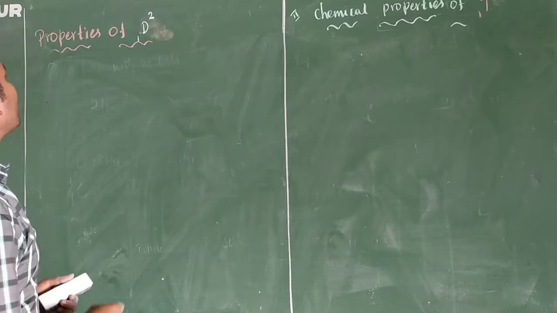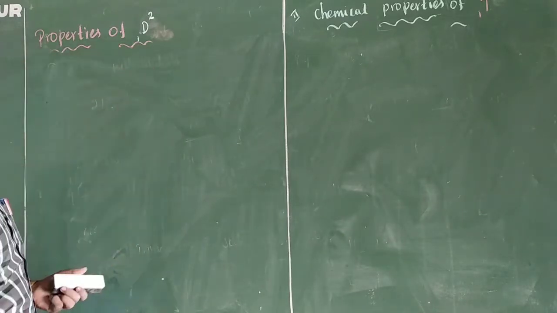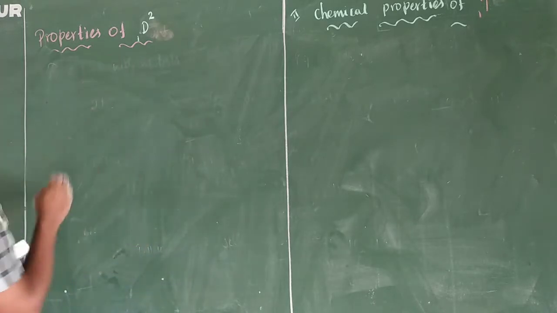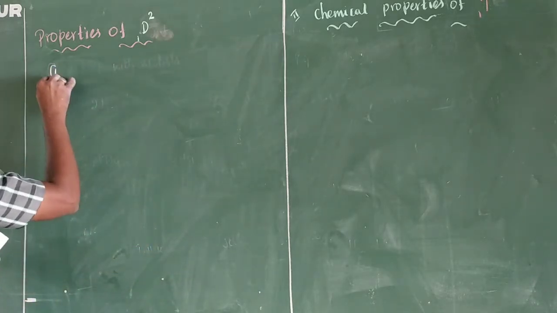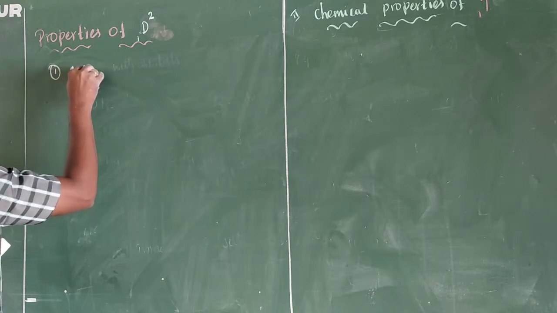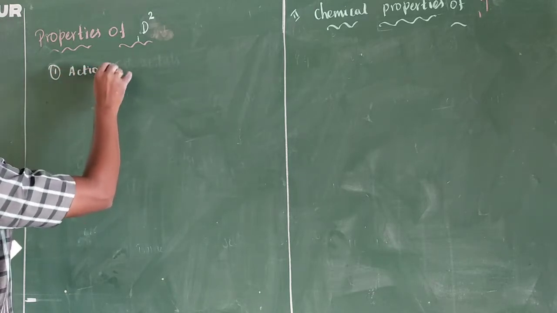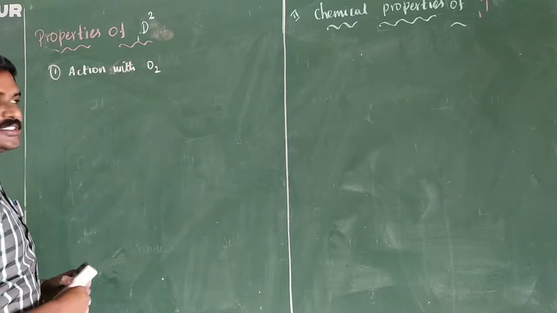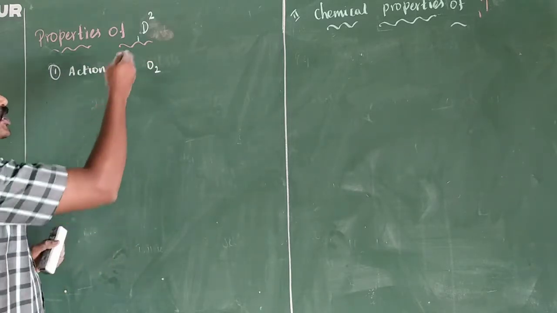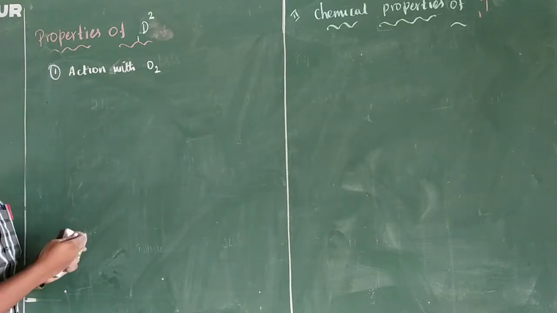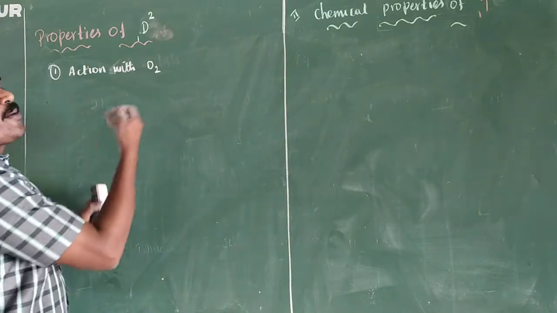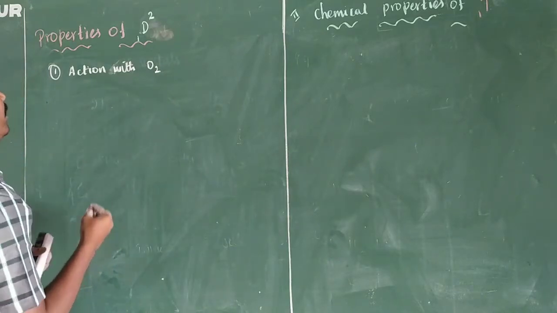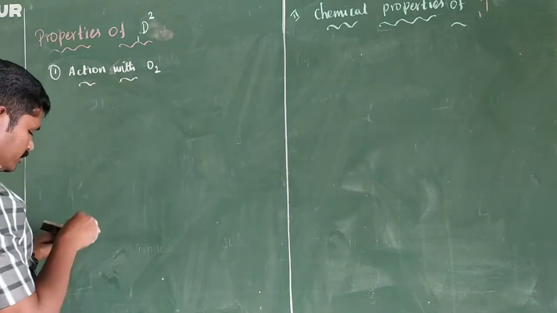Okay, students. The next one is the properties of deuterium. The chemical properties of deuterium. The first one is the reaction with oxygen. Like hydrogen, deuterium also reacts with oxygen to give deuterium oxide, also called heavy water.